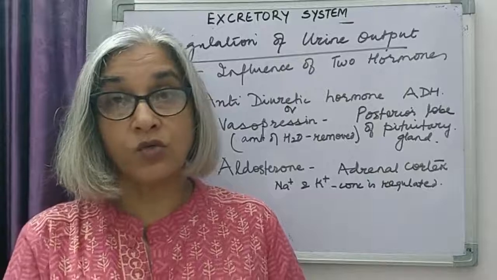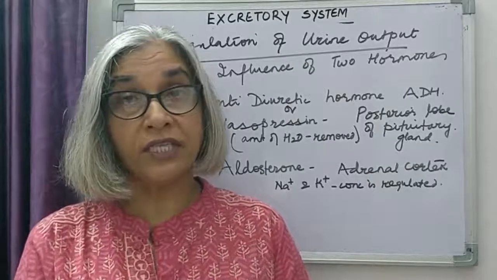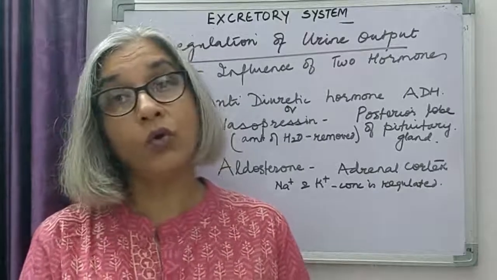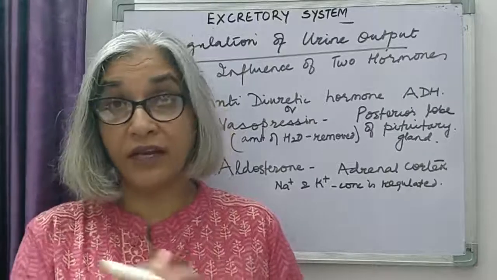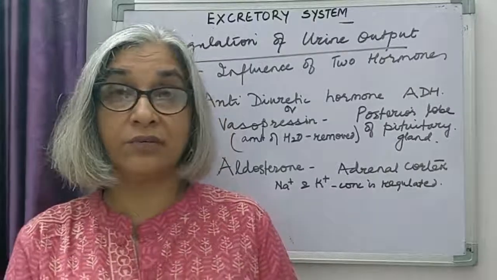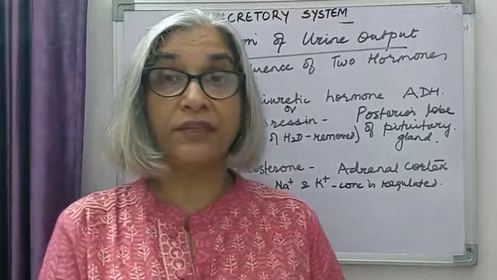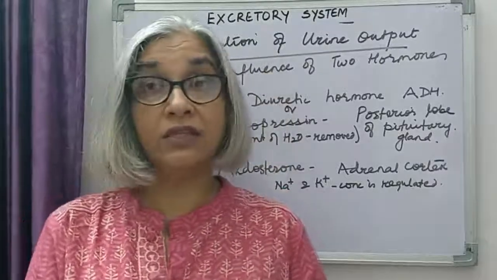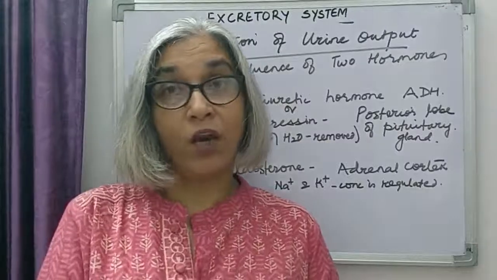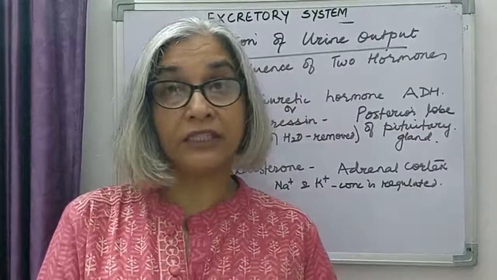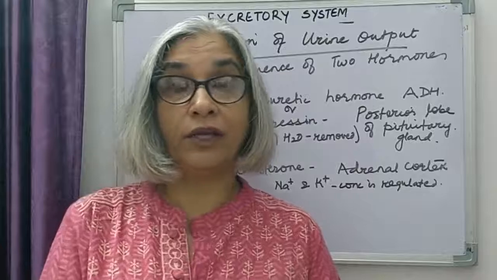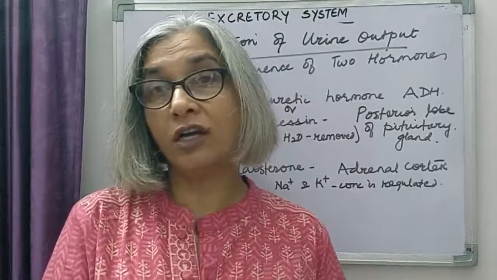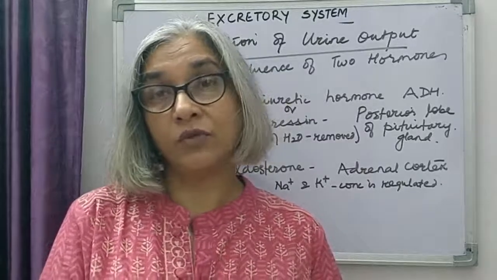And along with water, electrolytes also have to be replenished, because with vomiting, with diarrhea, water and electrolytes are being lost. So oral rehydration syrup or glucose saline drip, that is directly into blood, water is injected by drip, and the drip is of glucose and saline. Saline means sodium chloride, along with water to replenish water in the body. And if this is not done, the kidneys will absorb water.